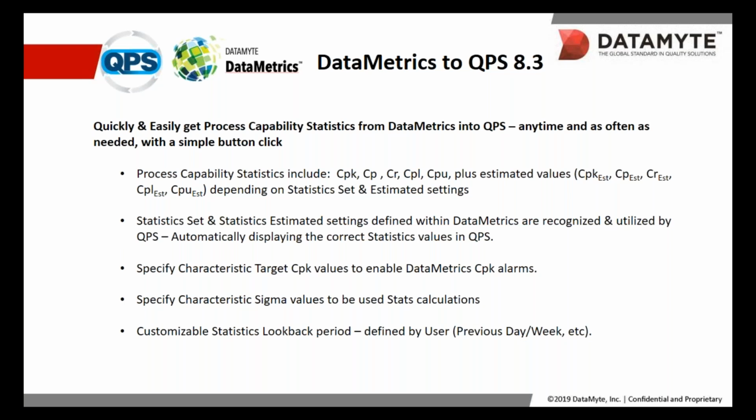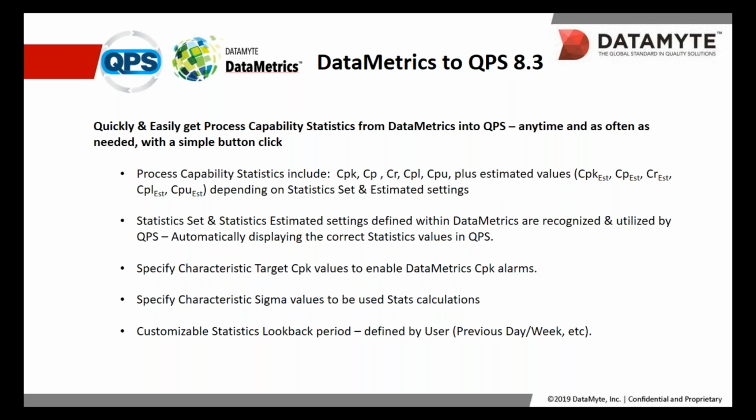That information coming into QPS can be specified with our target values, which will then enable the different CPK alarms that we could have in DataMetrics, and we can also specify the different sigma values that we need for the statistic calculations.